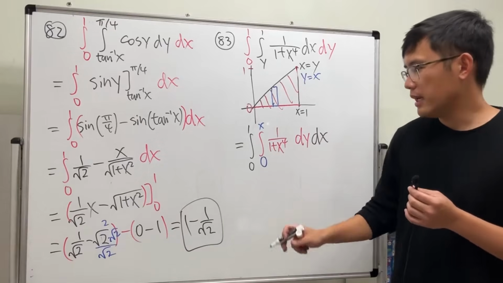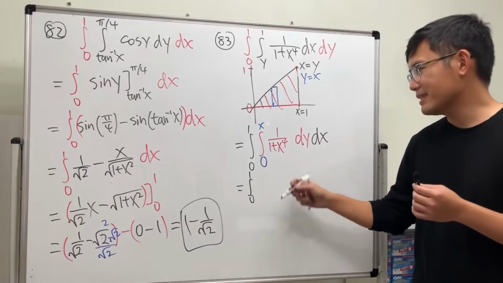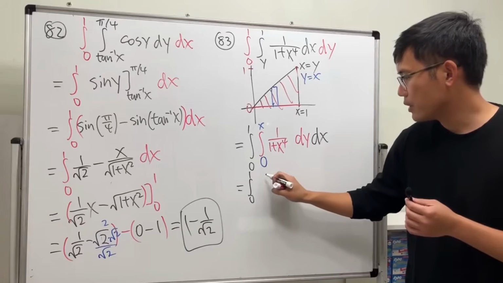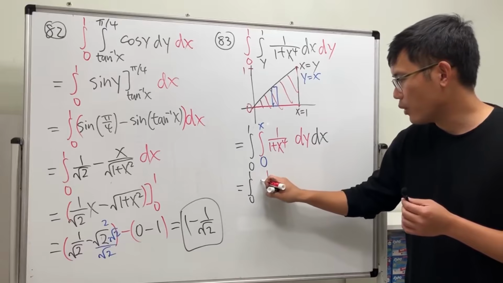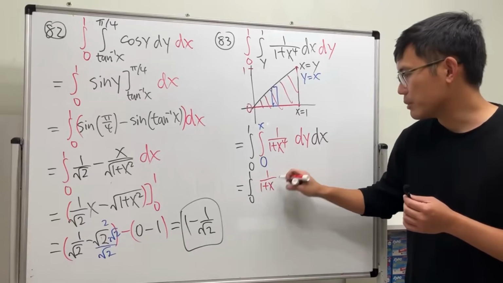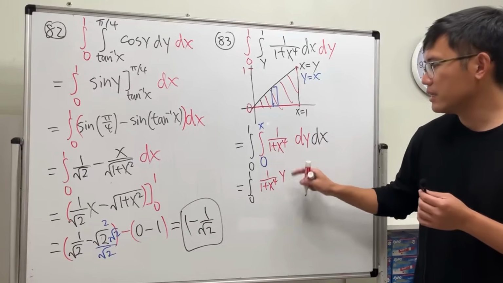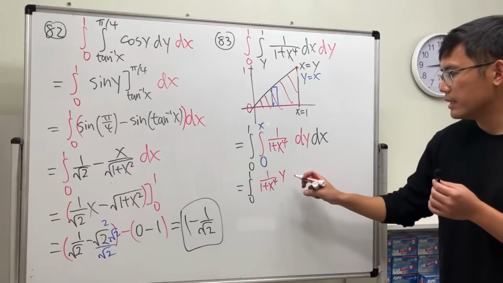Integrating this is very nice because we just have to multiply by an x. So this right here, we get, let me see. Now let's do this in red. 1 over 1 plus x to the fourth power, and then y, it's just 1.